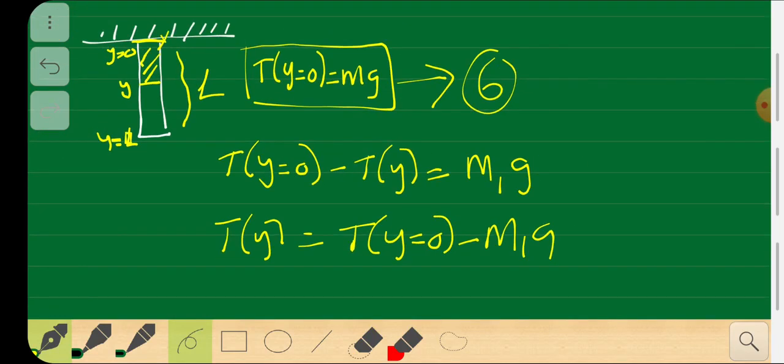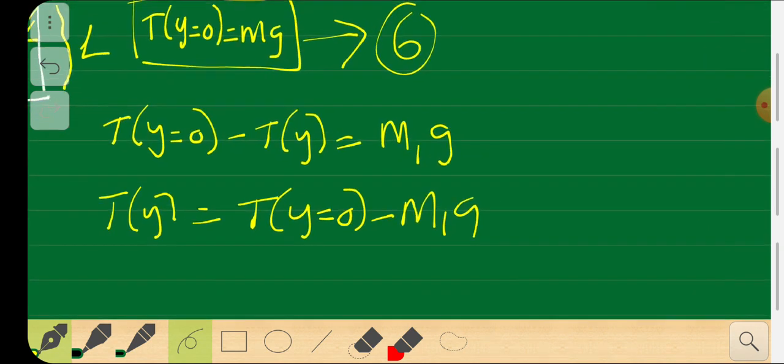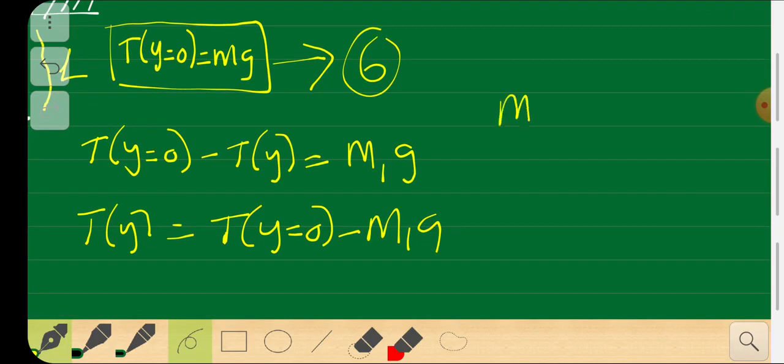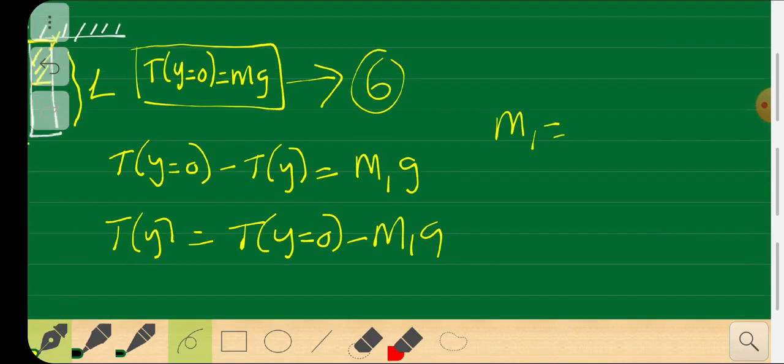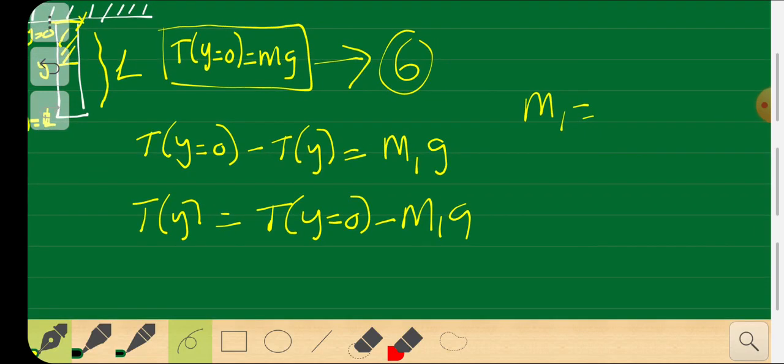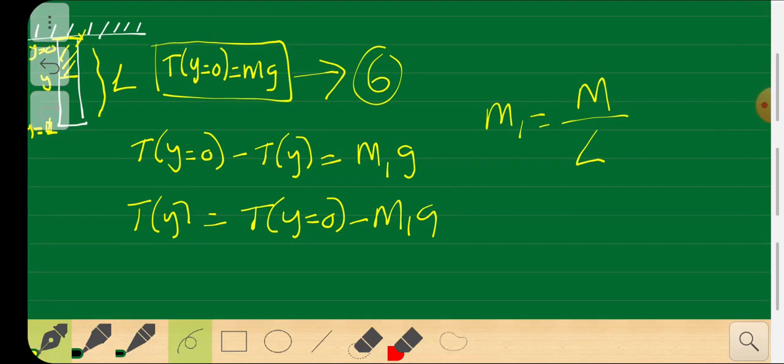Let's keep that equation, and I need to find out what m1 is. As we did earlier, m1 will be the total mass, let's call it m, divided by the length L, times the fraction of that length, which is y. So m1 will be m by L times y.